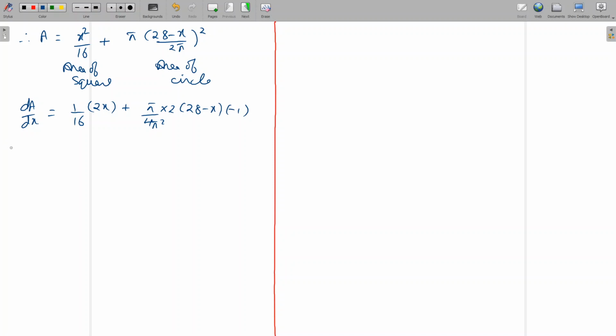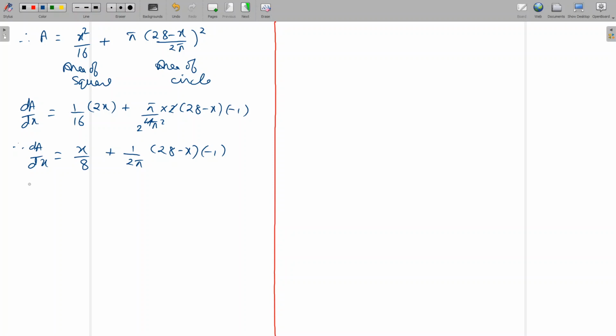Simplifying, dA by dx is equal to x by 8 plus 1 by 2 pi into 28 minus x into minus 1.